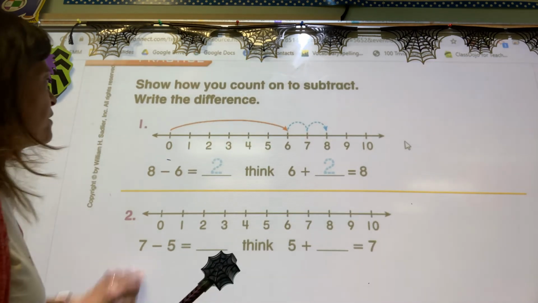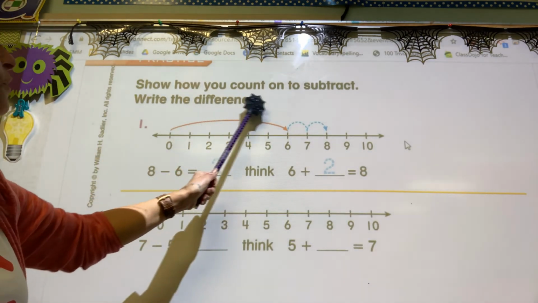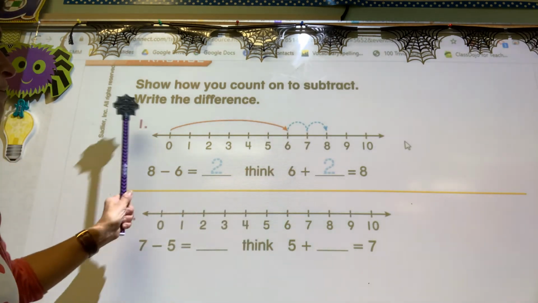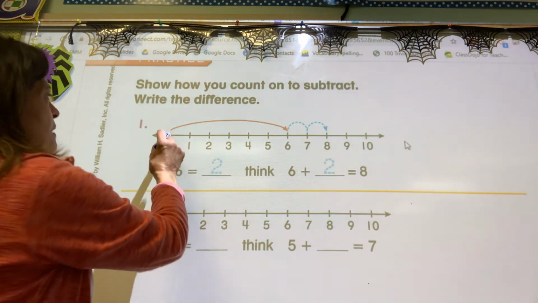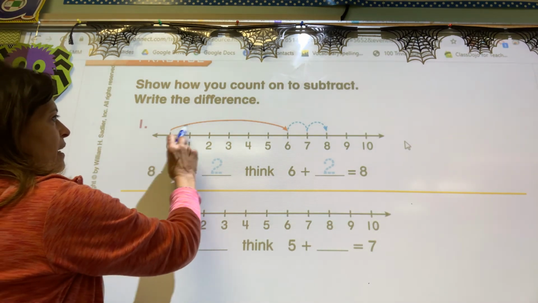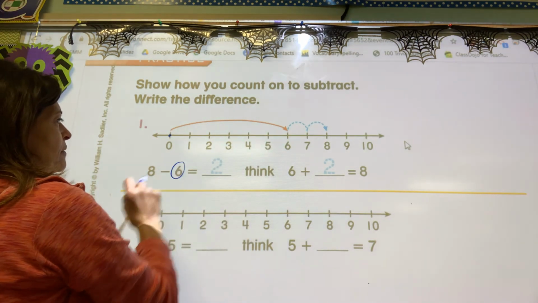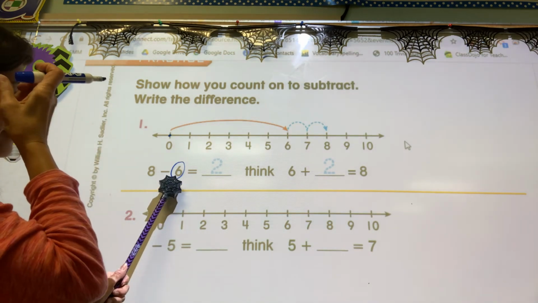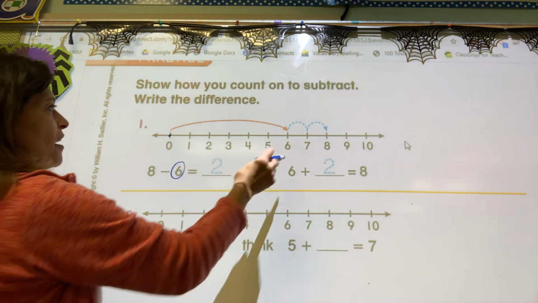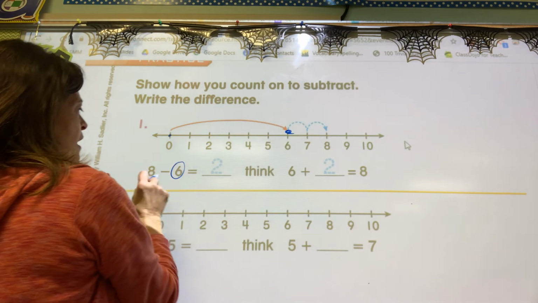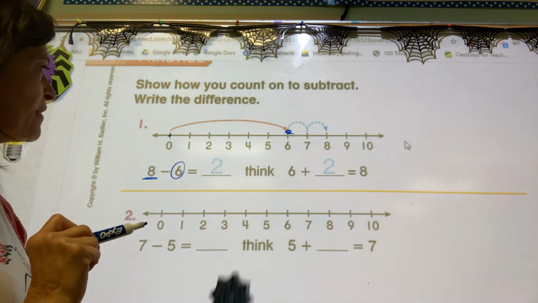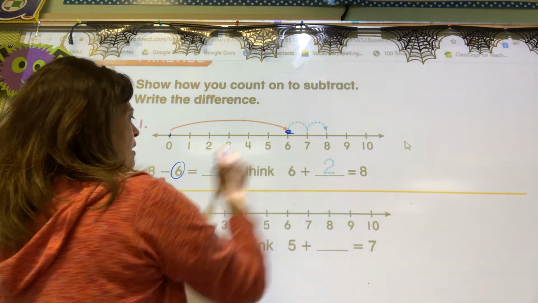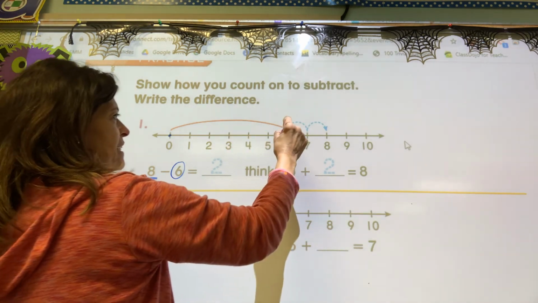So this is what you're doing on your own. Show how you count on to subtract and then write the difference. So remember, number lines start on 0, but you want to come over and think of your addend right here, or the second number here. That's the part. That's where you're going to start. You're going to count on up to that whole number. 8 minus 6, let's start at 6.